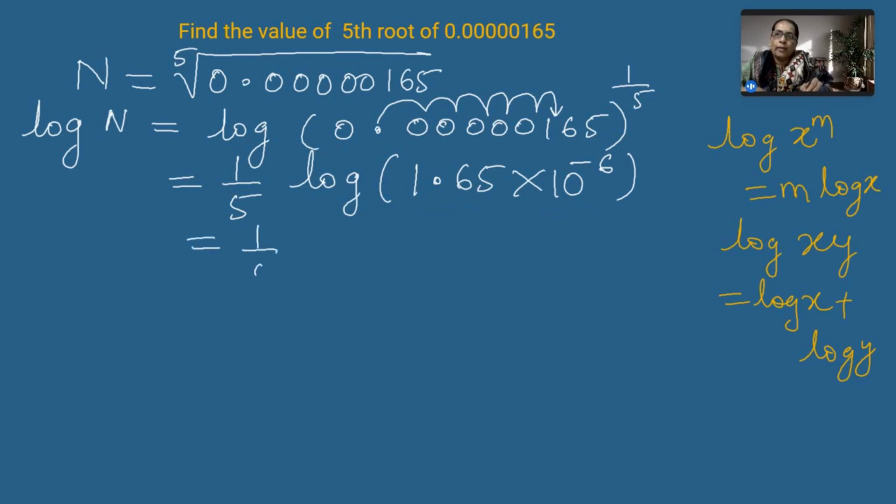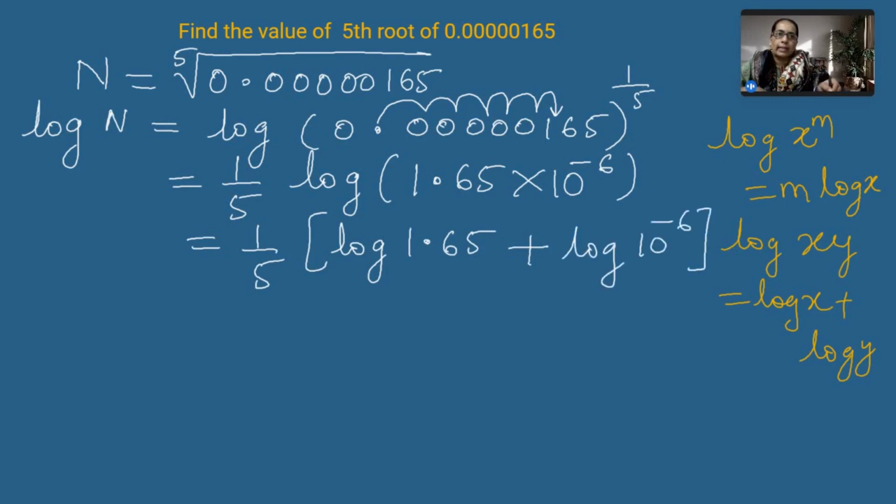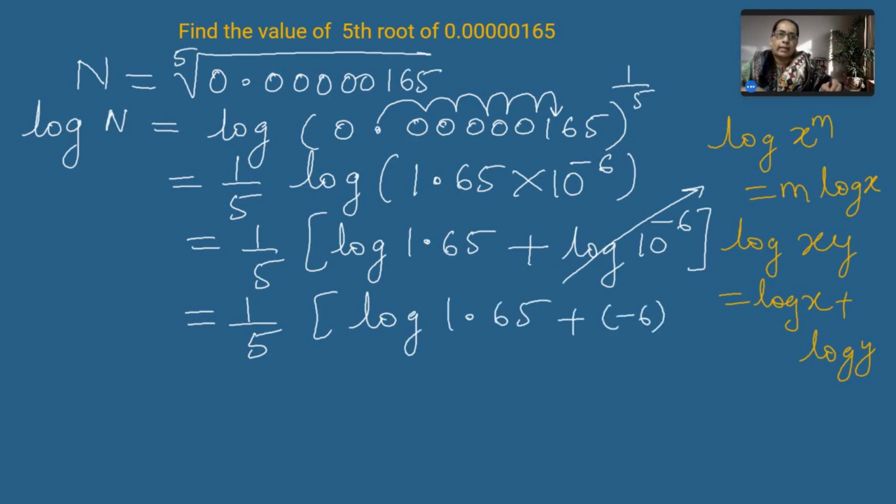Now we have 1/5 of log 1.65 plus log of 10 to the power minus 6. Since we know that log of x to the power m is m log x, we will have now 1/5 of log 1.65 plus minus 6 times log 10.